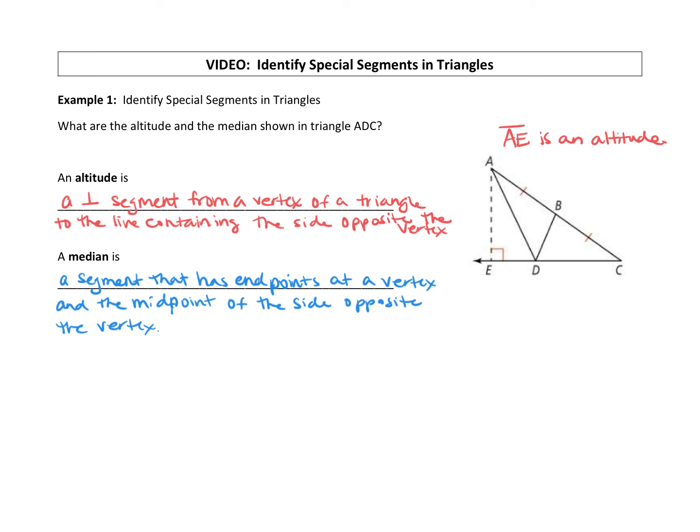All right, let's read it through one more time. A median is a segment that has endpoints at a vertex and the midpoint of the side opposite the vertex.